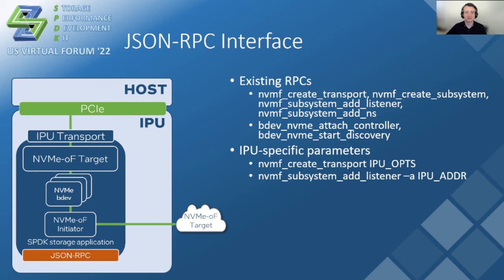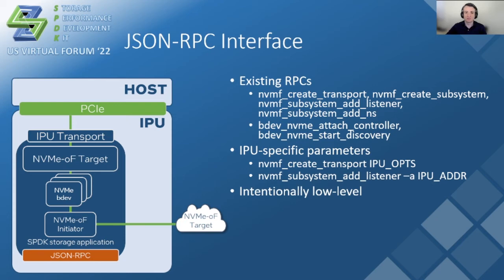However, some of those RPCs might have IPU-specific options. For instance, when creating a transport, you might want to set some parameters that are specific to the type of hardware that you are running on. When you add a listener, the listener address might be specific to a given IPU.